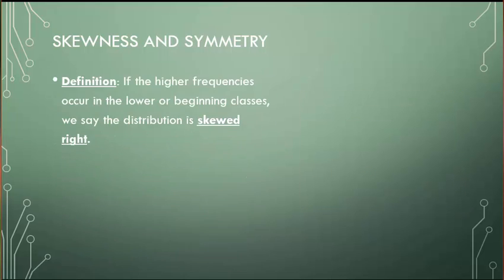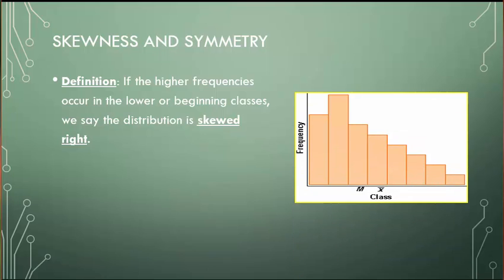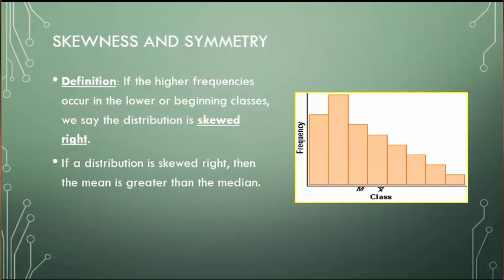Contrast that with something like this. Now, if the higher frequencies occur in the lower or beginning classes, then we say the distribution is skewed to the right. There's an example of a distribution that's skewed right. So in the case of a distribution with right skewness, the mean is greater than the median.